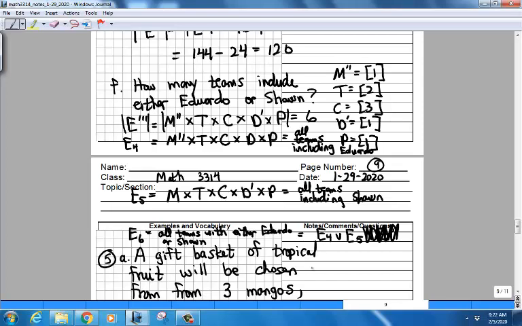But the counting is the problem. When I count E6, I can take E4 and combine it with E5. That is okay. But what have I double counted? Yes, I've double counted E triple prime, so that we must subtract out.